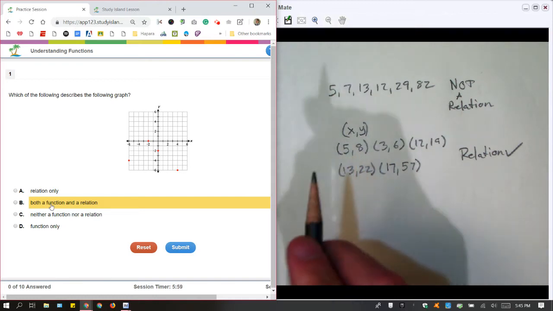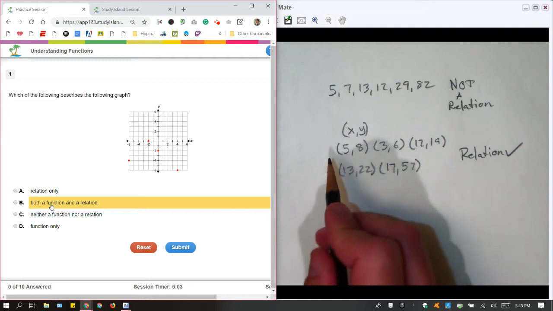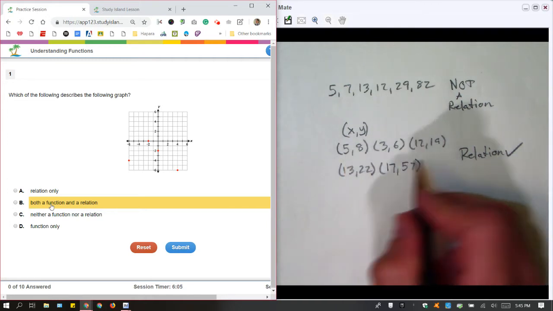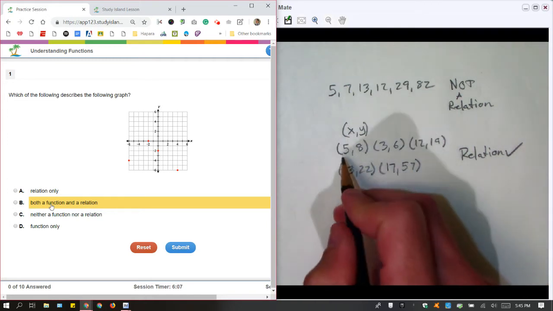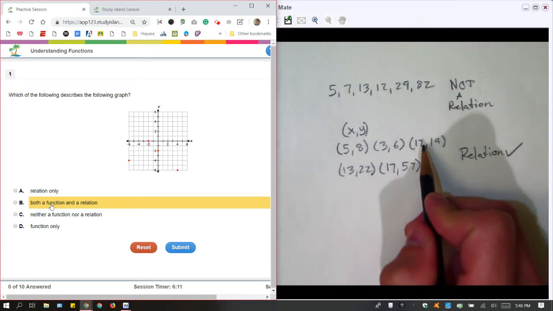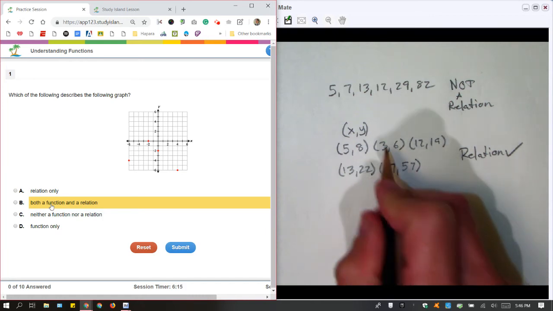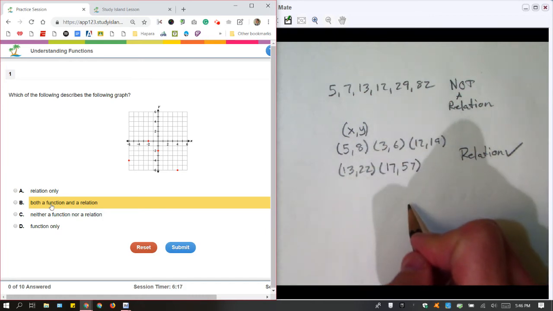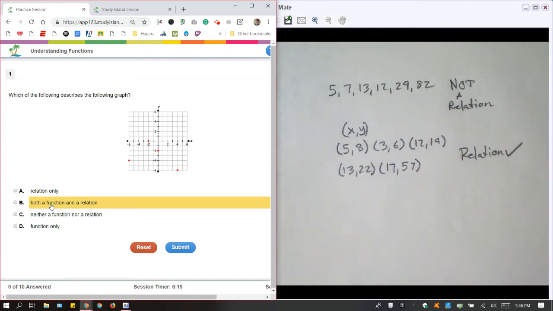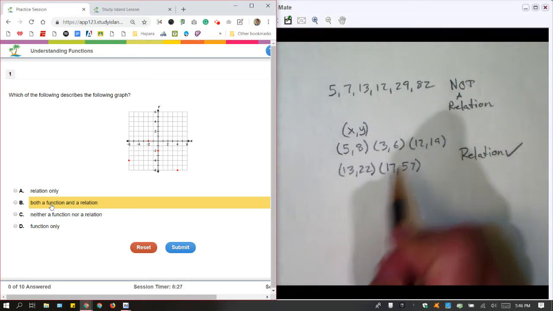It has to always correspond with 8 for it to be a function. 5 cannot correspond with any other Y value. I can't have another ordered pair and have 5 with a different number other than 8. The same thing goes for 3 and 6, 12 and 19, 13 and 22, 17 and 57. None of these numbers can have another output that it corresponds with. So right now, this is a relation and a function because each of these only corresponds with one particular output.